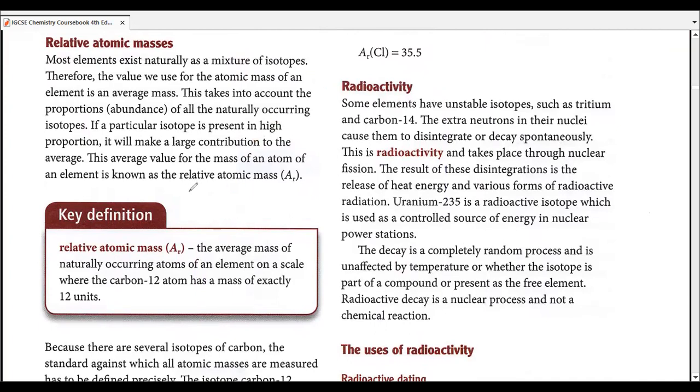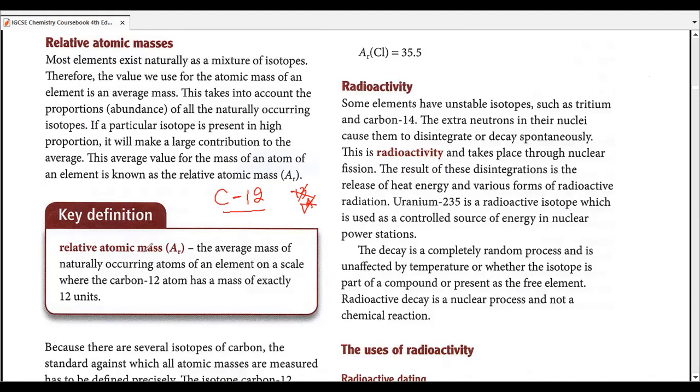Remember on the previous page when I was talking about a sophisticated apparatus, the mass spectrometer, I told you that we took carbon-12 as standard. Carbon had three isotopes: carbon-12, carbon-13, and carbon-14. Not 13, not 14, but carbon-12 is the standard for comparing the atomic masses of different elements.